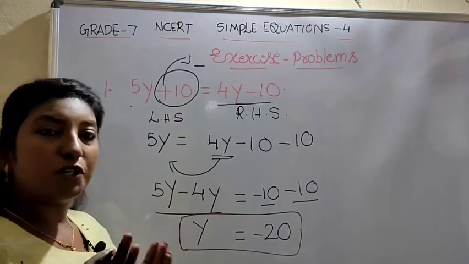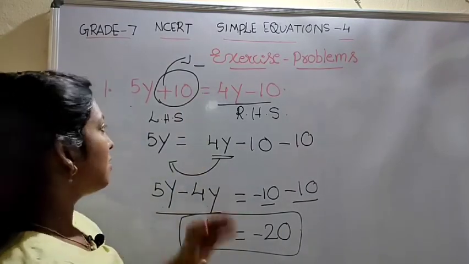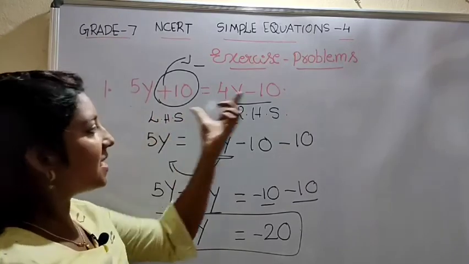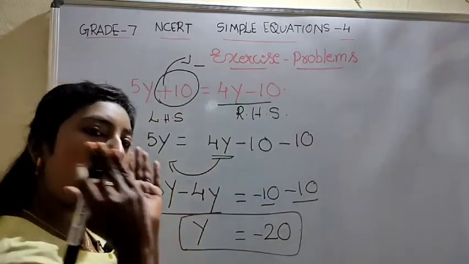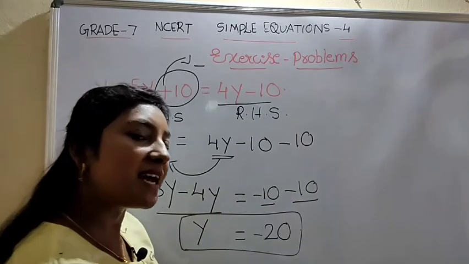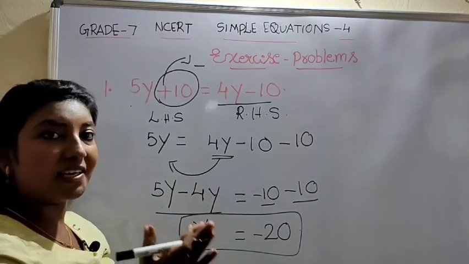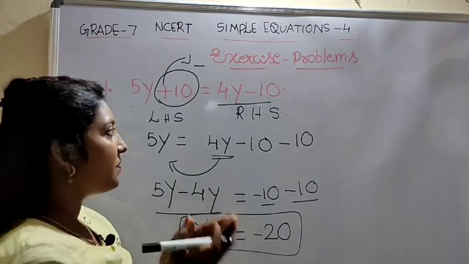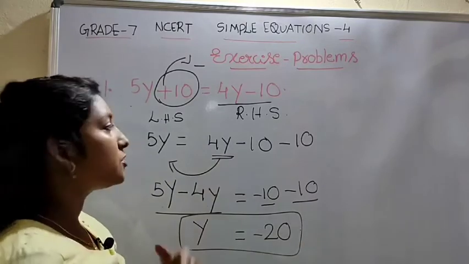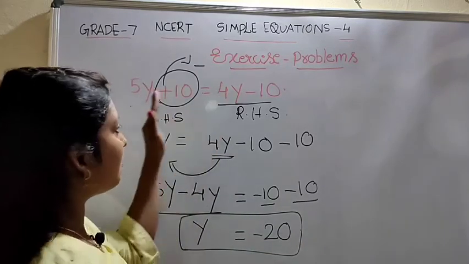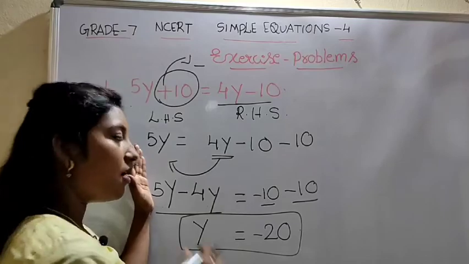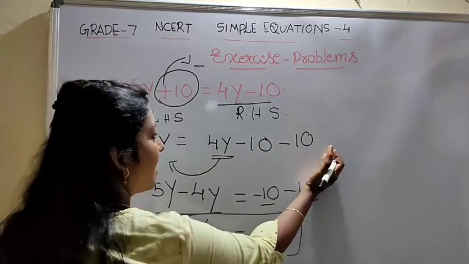So first what you have to perform? Write the left hand side and the right hand side. Bring all the variables to one side, all the constants to the other side. That is your choice of getting variables and constants. So here I brought all the variables to the left hand side, all the constants to the right hand side.